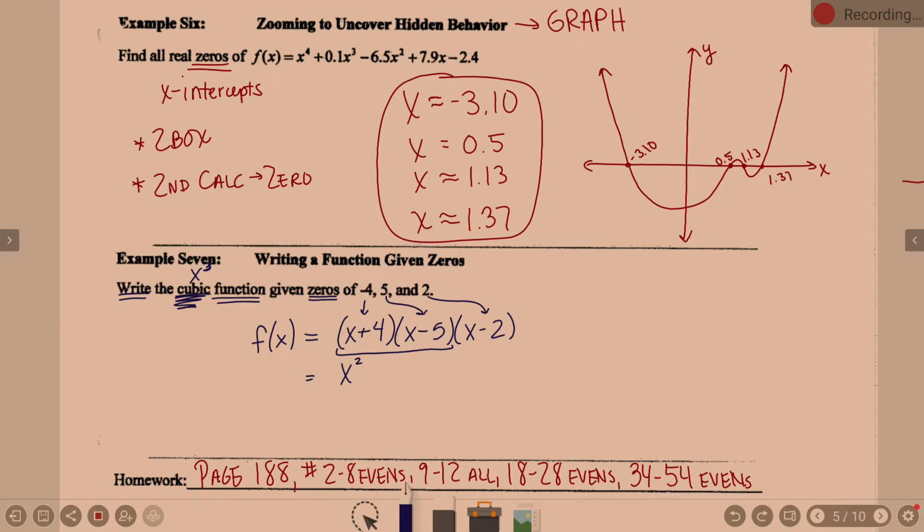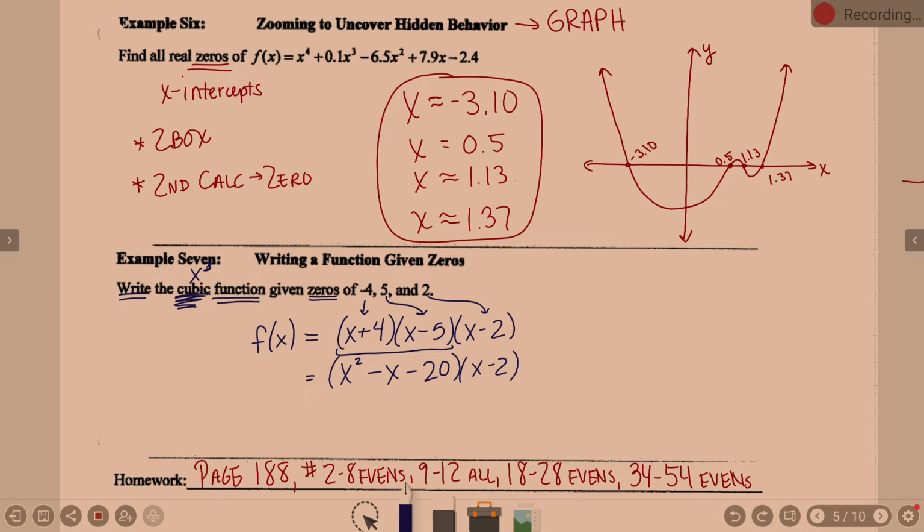I can do outsides and insides: minus 5x plus 4x is minus x. 4 times minus 5 is minus 20. And then I still have the factor of x minus 2 that I'm carrying down.